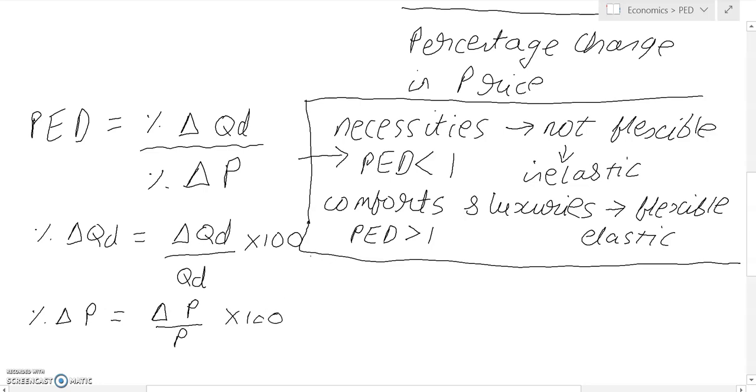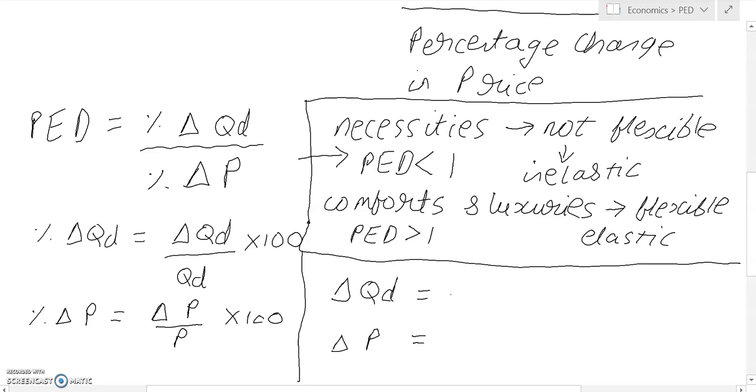For change in quantity demanded, and for that matter change in price, you think of new minus old, or old minus new.